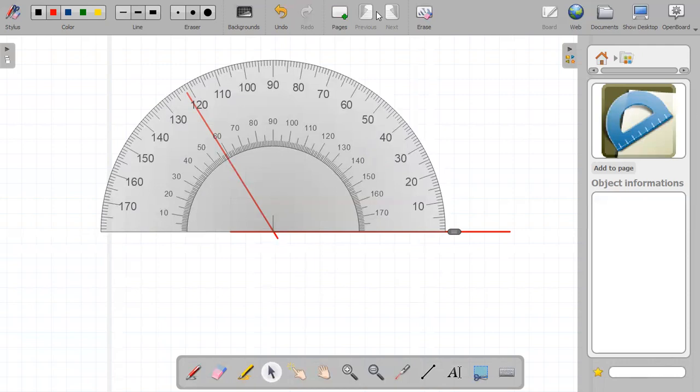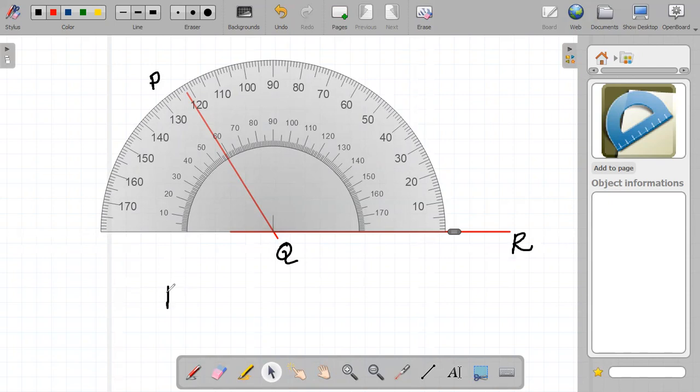I'll name it P, Q, R. The arm of point P, Q is placed at the angle 122.